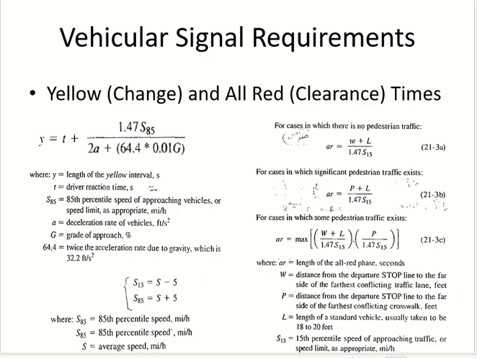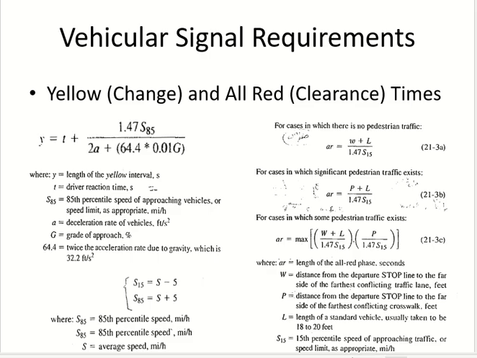So W is from your side to the other side for a car, and P is from your side, this stop line, to the crosswalk on the other side. The crosswalk and the stop line are not the same. Crosswalk is usually after the stop line. If I am going like this, I will have the crosswalk first and then the stop line.